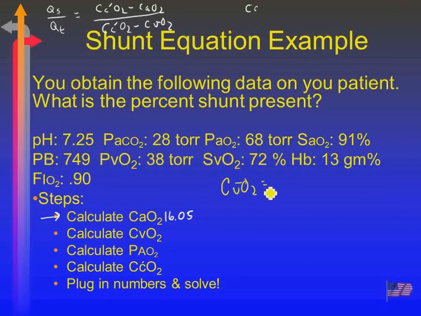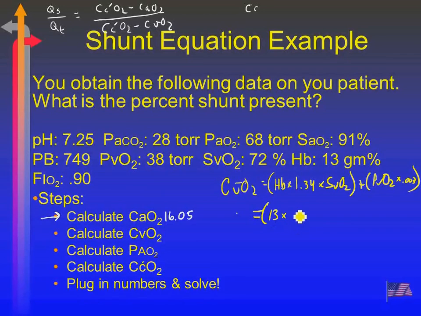CVO2. 13, 1.34, 0.72, plus 38 times 0.003.